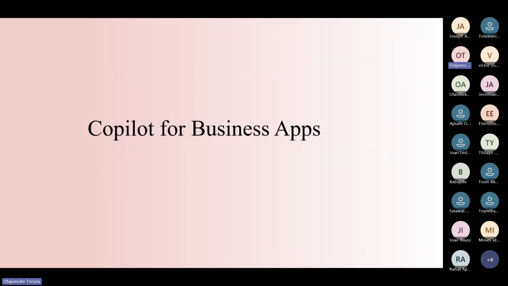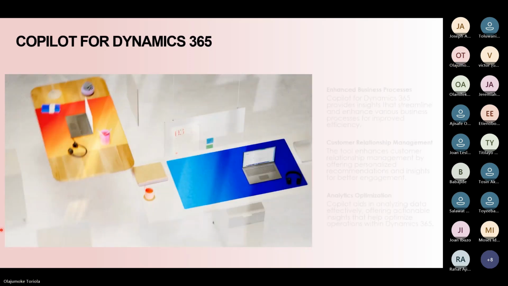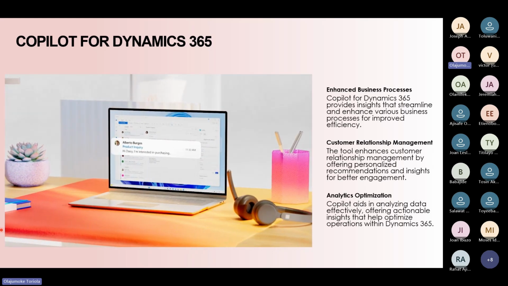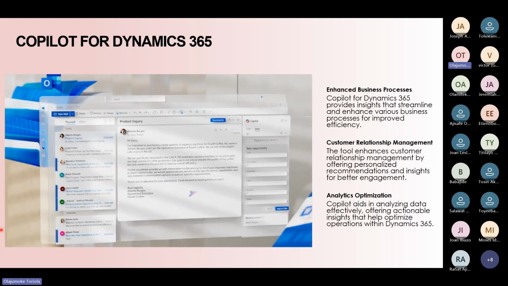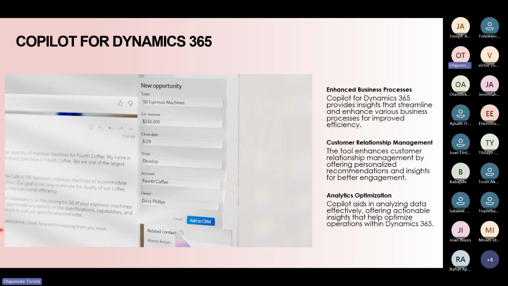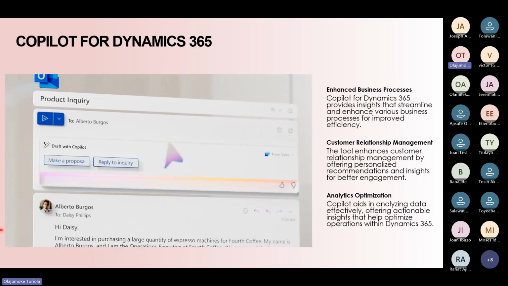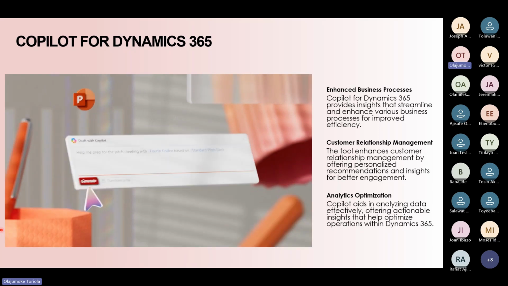The number three flavor is Copilot in business apps. When we talk about Copilot for business apps, we want to make mention of the one for Dynamics. Copilot for Dynamics 365 provides AI assistance to boost your productivity and efficiency for sales, support, supply chain management, finance, marketing and other teams involved with your business.